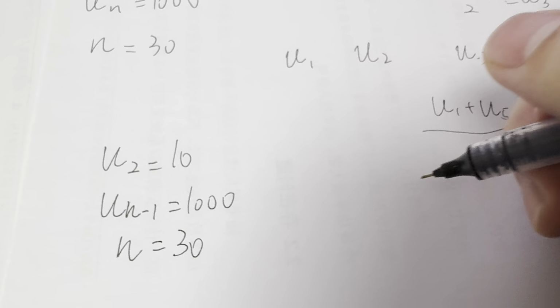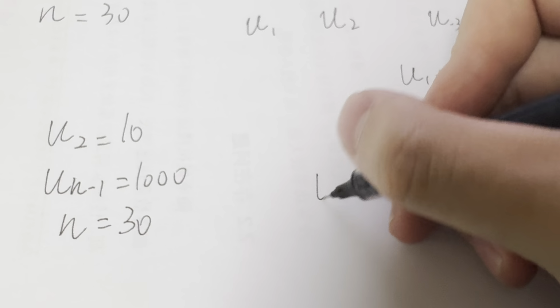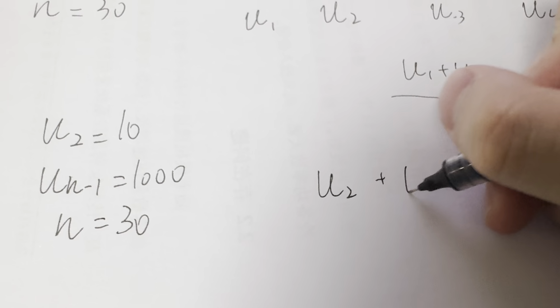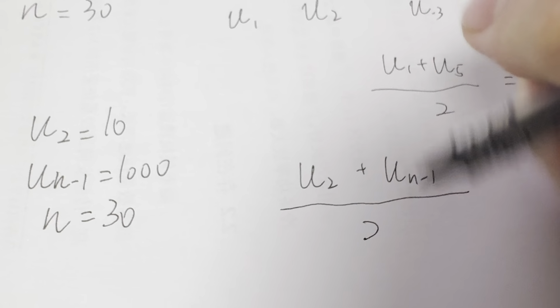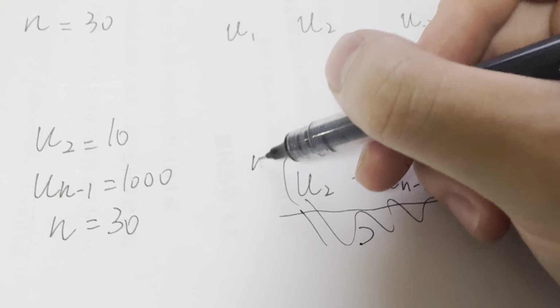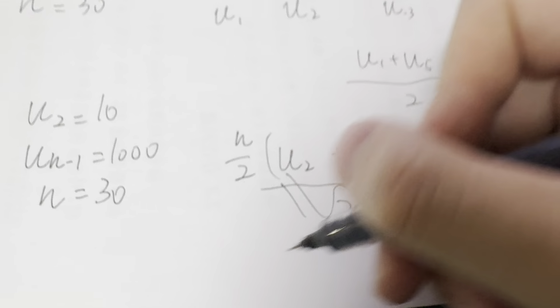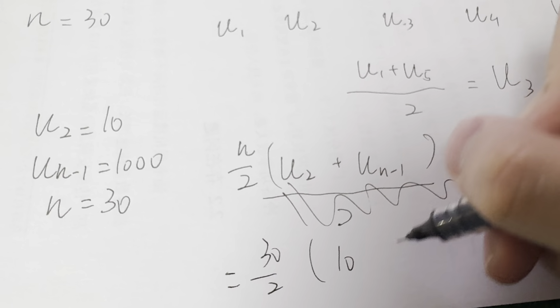Actually, we can also use a similar formula. We will use U2 plus u(n minus 1) divided by 2, which equals 30 divided by 2, then 10 plus 1000.